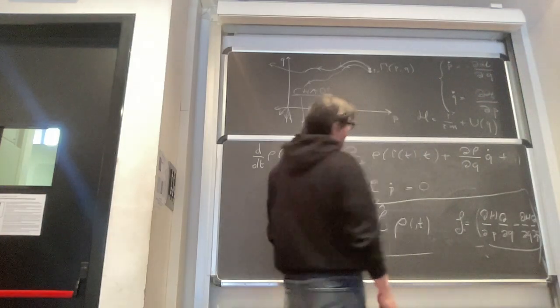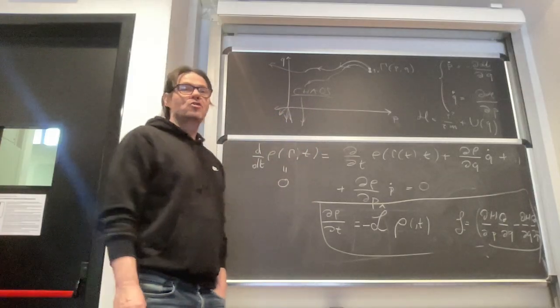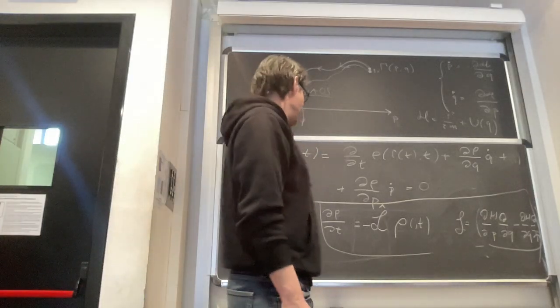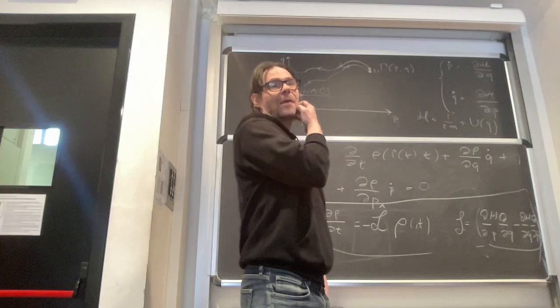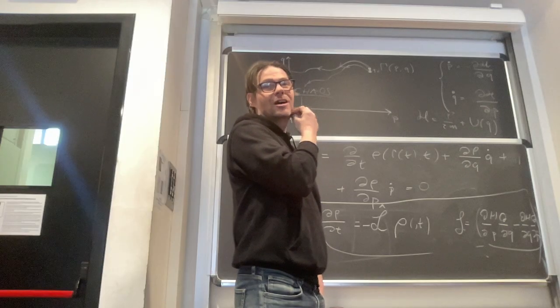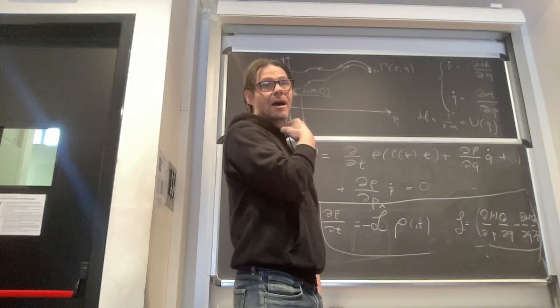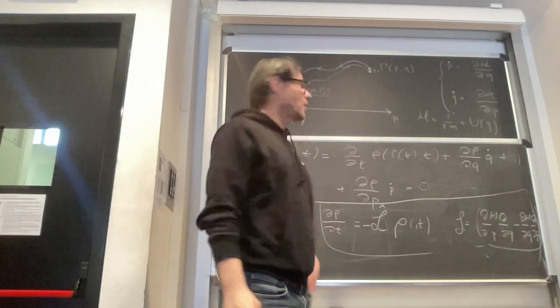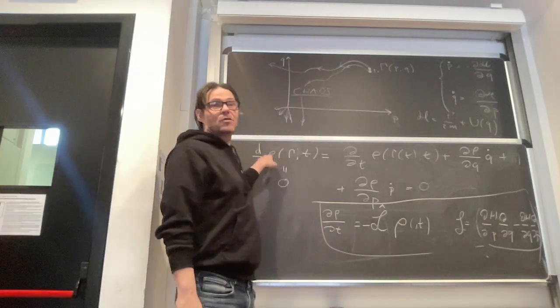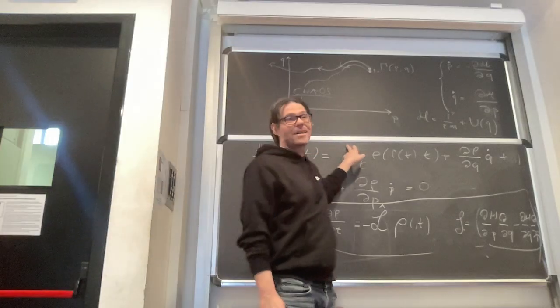I want just to say one thing. Do you remember the equation in quantum mechanics, the Heisenberg equation, sorry, where you have an operator and you look at the time evolution of the operator, and on the right-hand side you have a commutator?